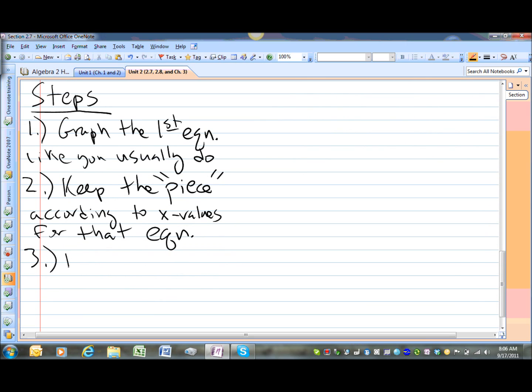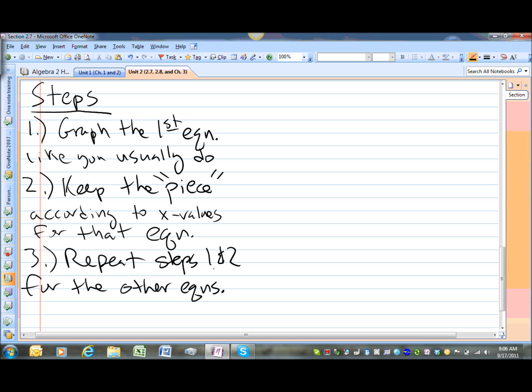Step three: repeat steps 1 and 2 for the other equations. Okay? That's what we're going to do.